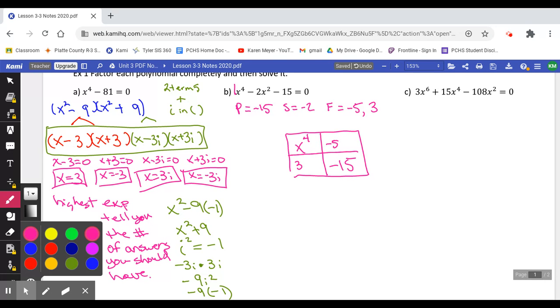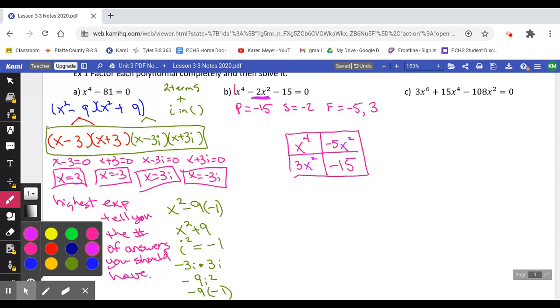But in this problem, we can't just put an x, we have to put an x squared, because do you guys notice in the original problem, the middle term has an x squared with it, not an x? So that is really the only difference with these polynomials, is that you're not just putting an x in there, you're putting an x squared or whatever that middle term happens to be.